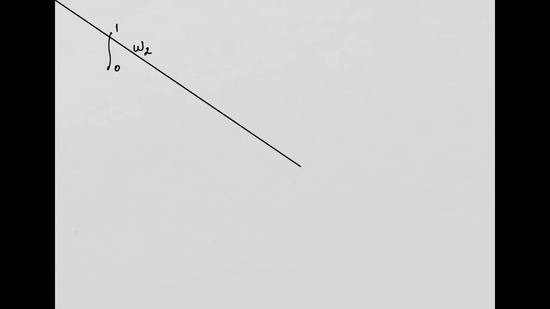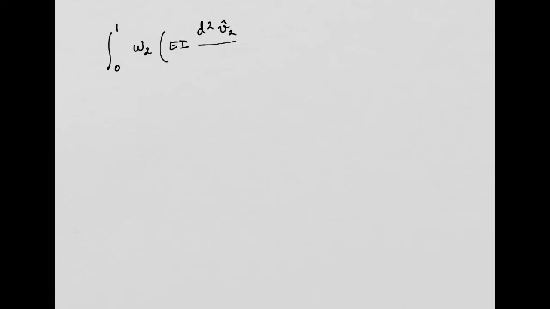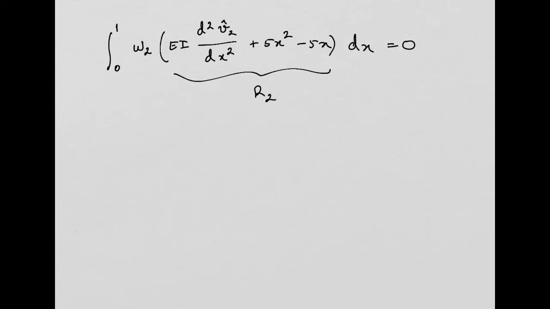And our residual, you can check in the previous session, was given by this equation here: EI, the flexural stiffness of the beam, times the second derivative of the deflection, plus 5x squared minus 5x. So this was the residual, R2.